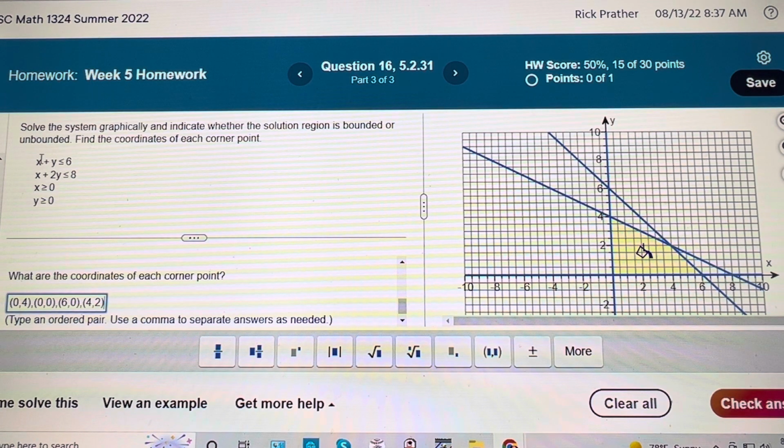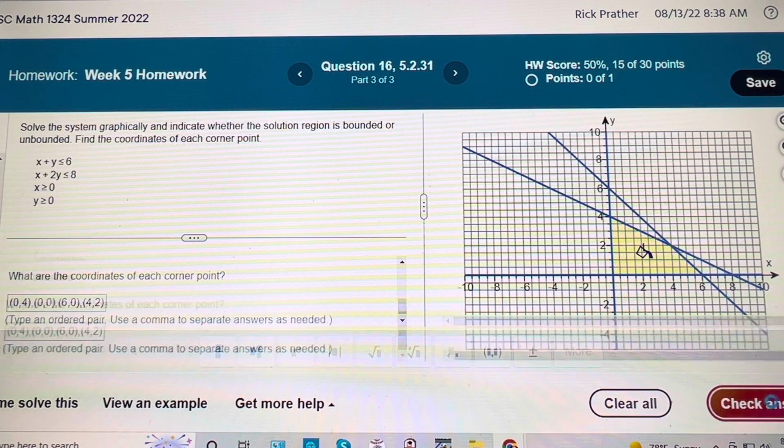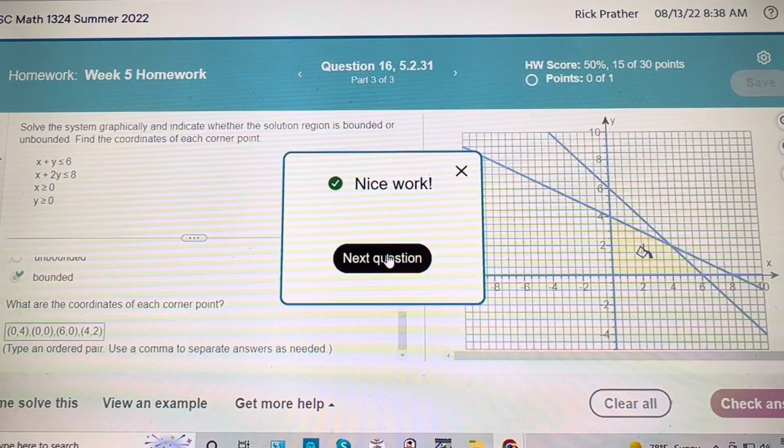Like if I solve both of these for x, move the y over here, move the 2y over there, then you would get 6 minus y and 8 minus 2y. Since they would both be set to x, then you could set them equal to each other. And then you would solve for the y where they are equal to each other. And then you would know that y is 2, and then you could plug it back in to get that x is 4. So we might do that later if we have one where the graph isn't so nice.